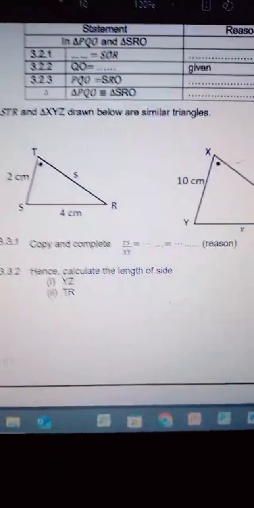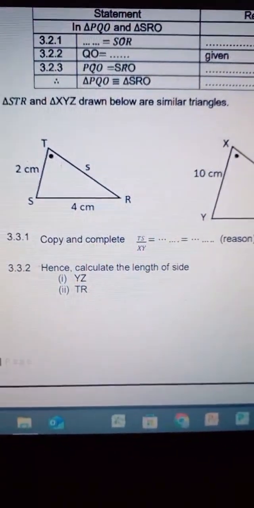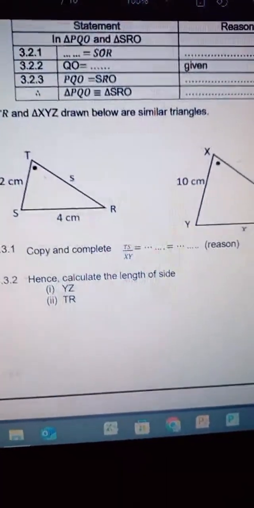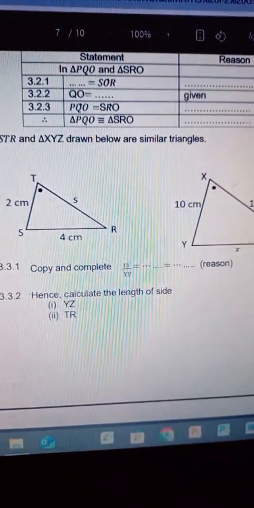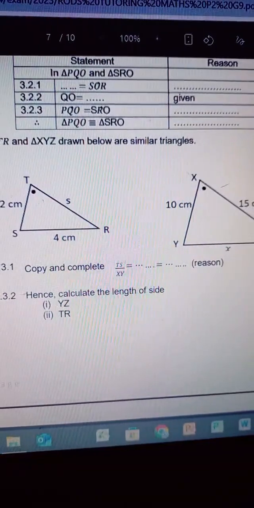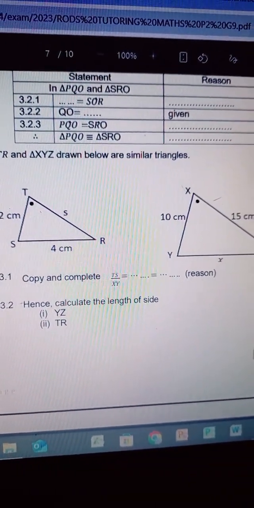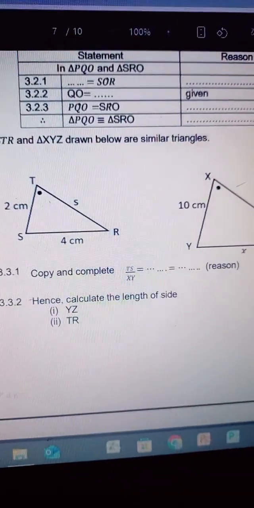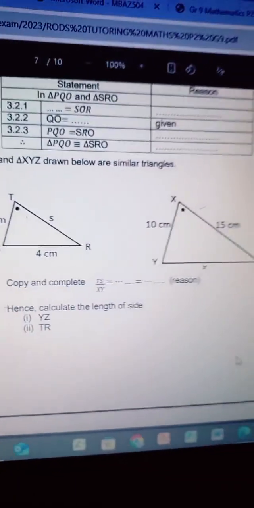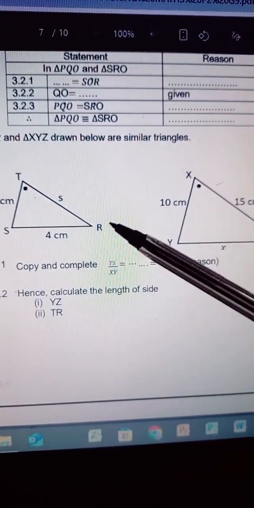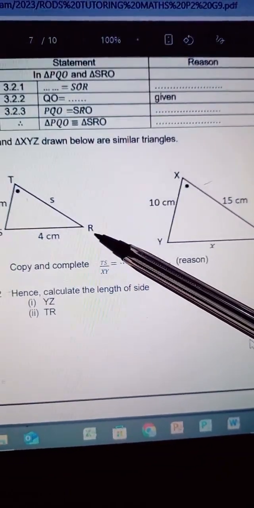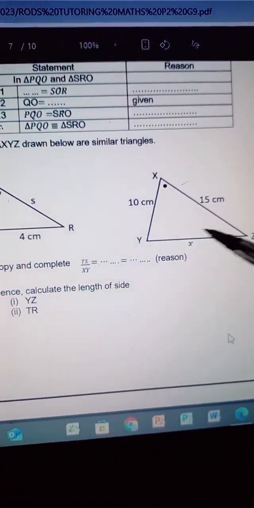It's like this question. TS over XY. So TS over XY is equal to TS over XY, which is 2 over 10, is equal to SR over YZ.